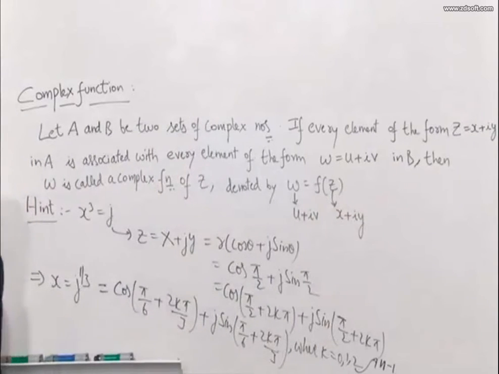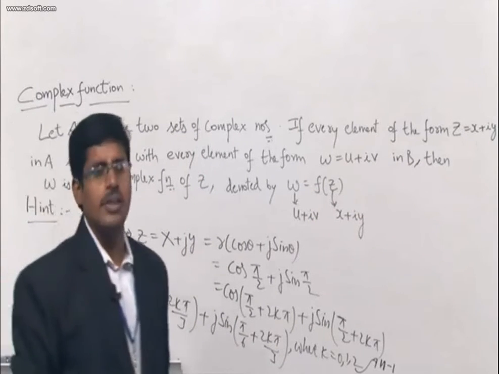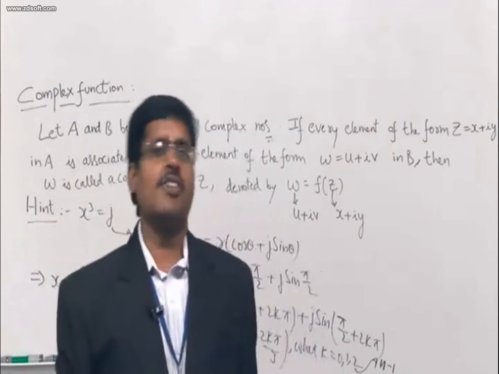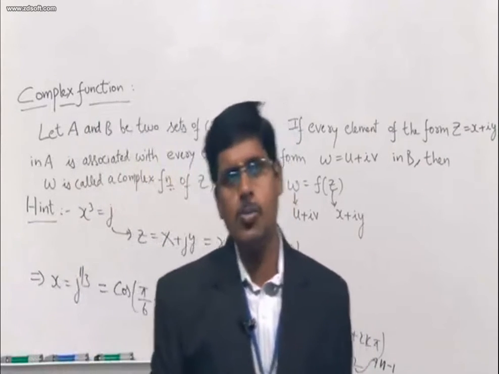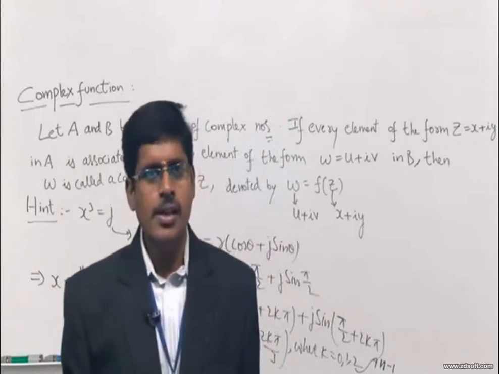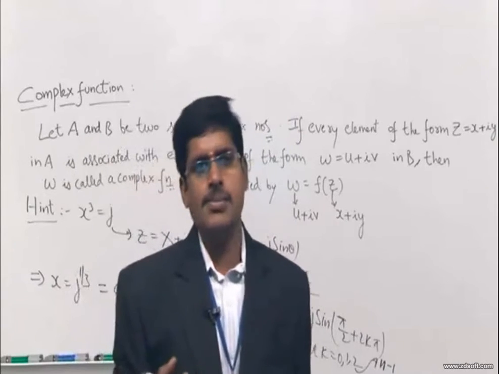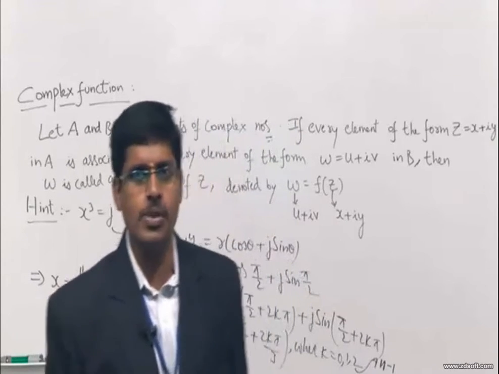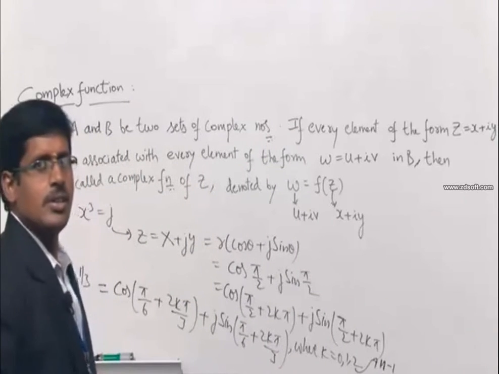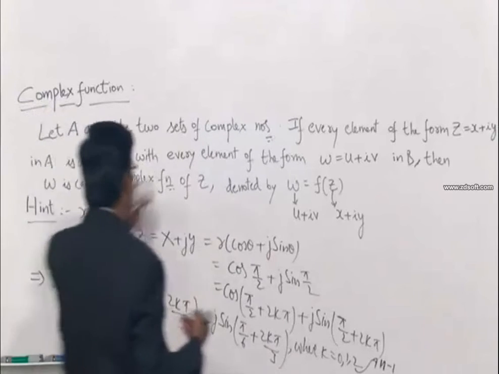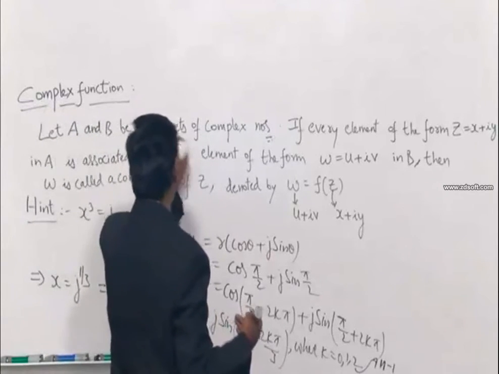So it is a complex function from domain having a set A, all elements in the form of complex number Z is equal to X plus iY, codomain B, set of all complex numbers denoted by W is equal to U plus iV. So every element in the domain is mapped to a unique element in the second set. Then that mapping, that association is called a function from A to B. Okay, here that is complex function. Not every element is associated with a unique element.